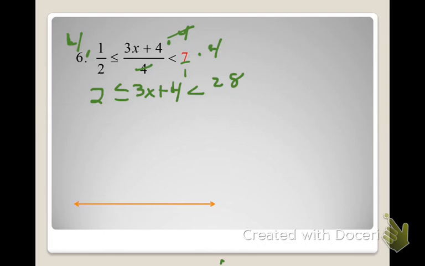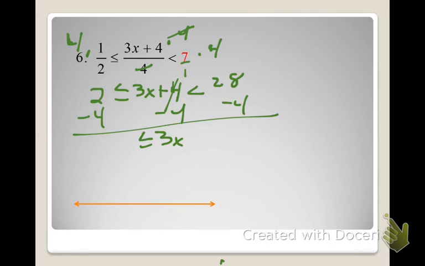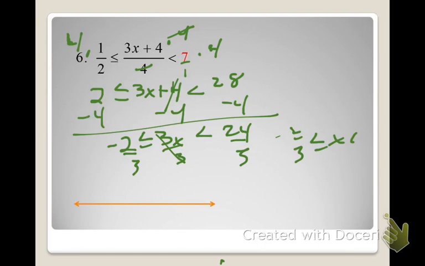And now we're right back to where we were on the last couple of problems. We're going to subtract 4, and then divide by 3. So you end up with negative 2/3 is less than or equal to x is less than 8.